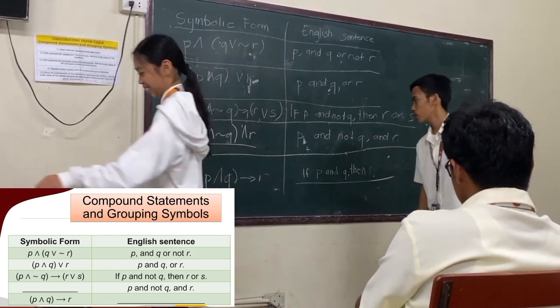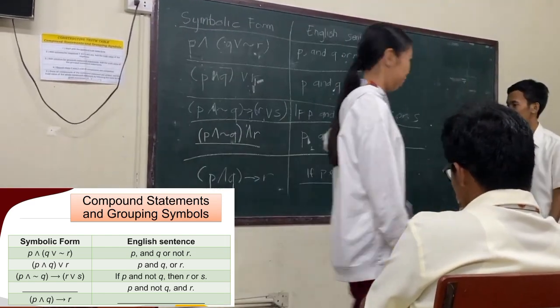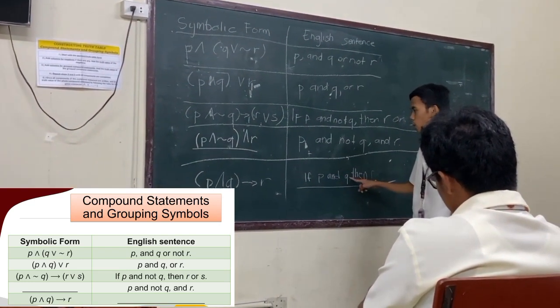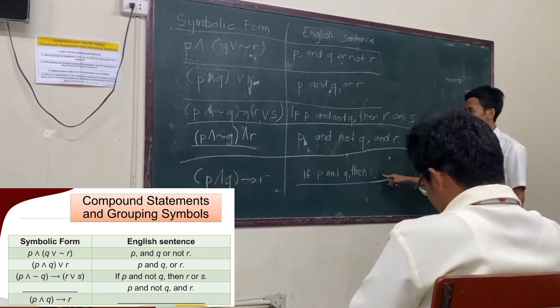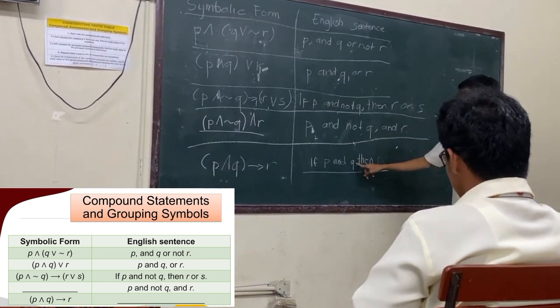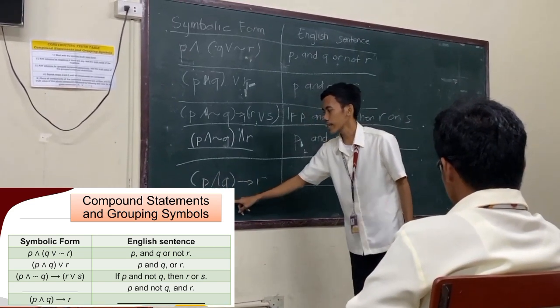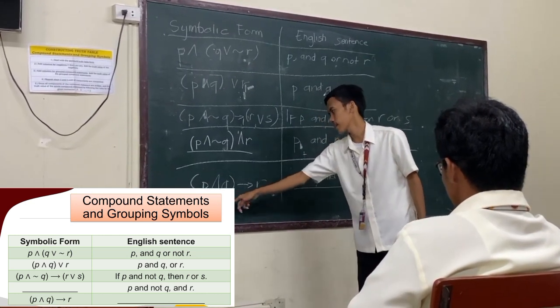Yes, so her answer is correct. If P and Q, comma, then R. We have put here the comma because we all know that these statements are grouped together, P and Q.